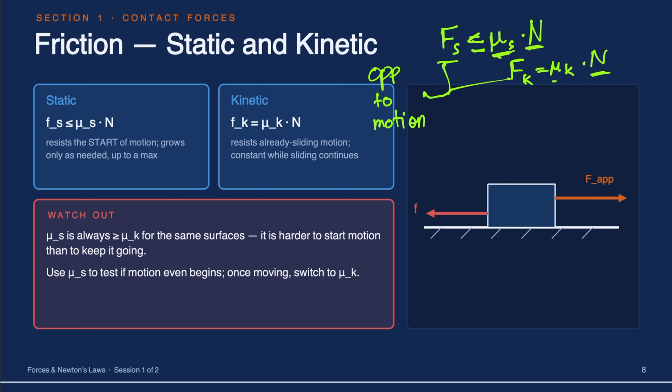Now we know that's kinetic friction, but what about static friction? So imagine you placed a book on a ramp. Okay, so let me draw a good book here. And you place this book on a ramp. The book is not going to immediately fall down if you lift the ramp up by a bit, right? It's going to stay for a while.